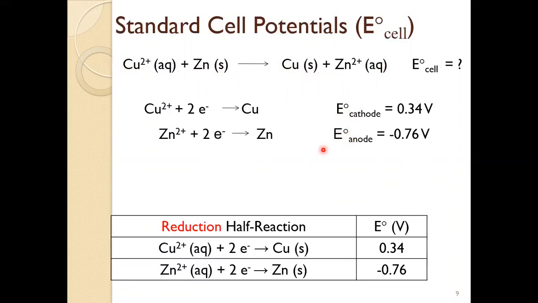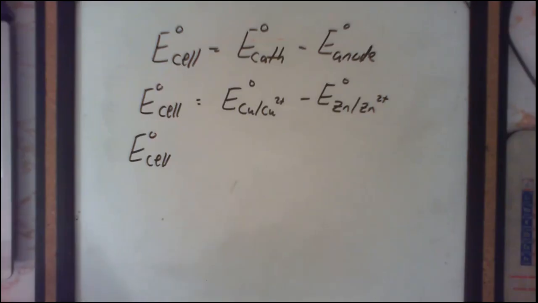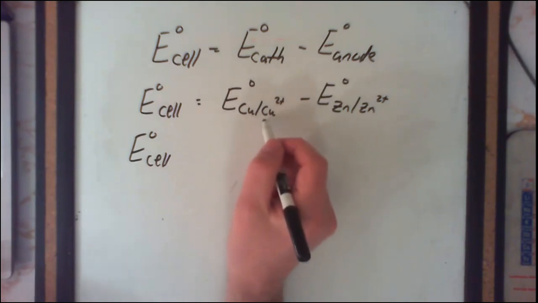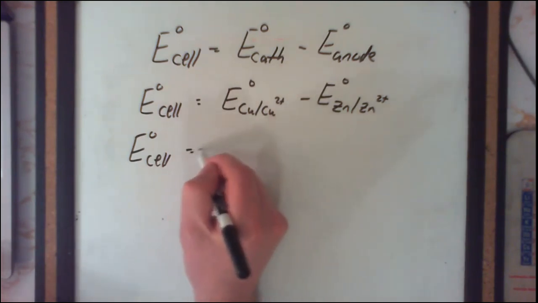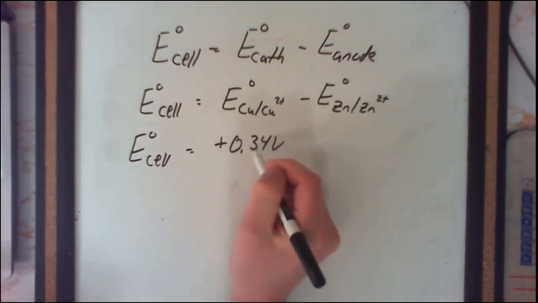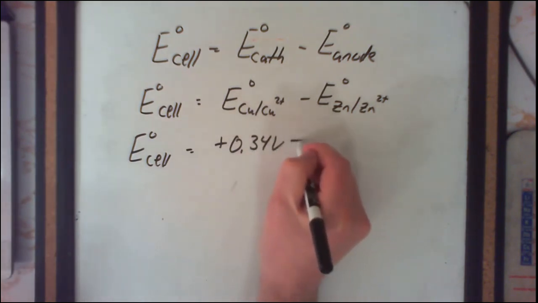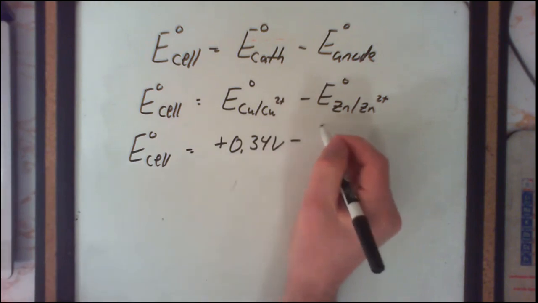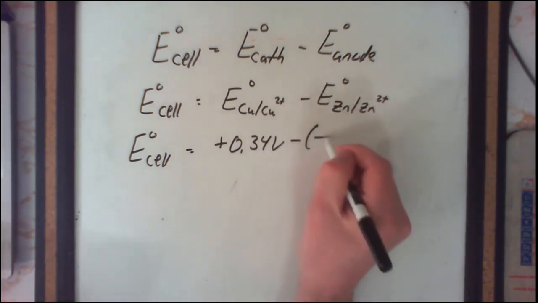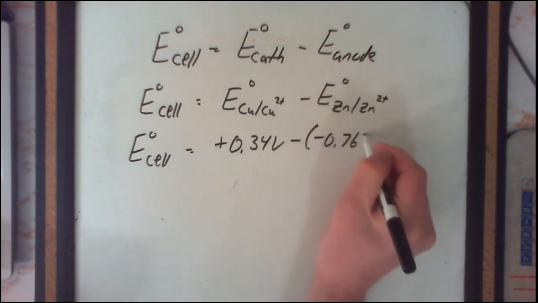So to calculate this cell potential, when we plug those numbers in, the cell potential is equal to the reduction potential of the cathode, which is copper, 0.34 volts relative to the standard hydrogen electrode, minus the reduction potential of what's at the anode, which is zinc, negative 0.76 volts.